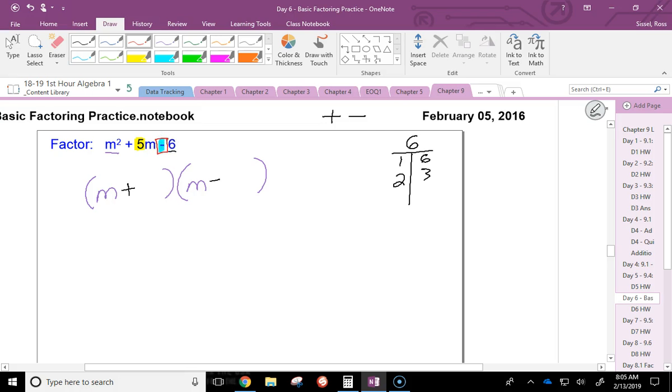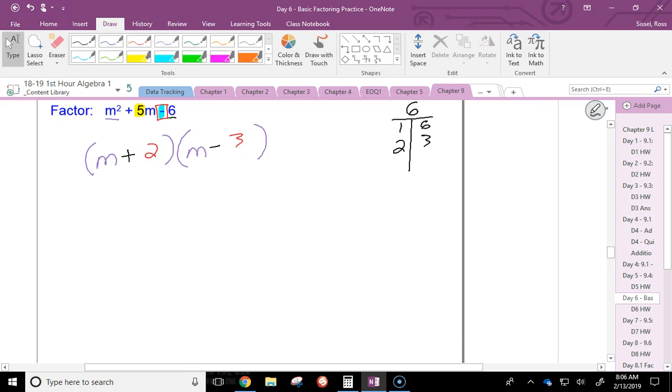When your C is a negative, when you're comparing your factors, think in your head, I will be subtracting my factors. So when my C is a negative number, I will subtract my factors to find their absolute value. So if I did 2 and 3, which is what I've seen a lot of people do, they put 2 and 3 in.